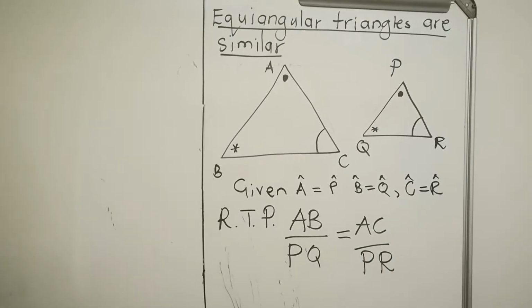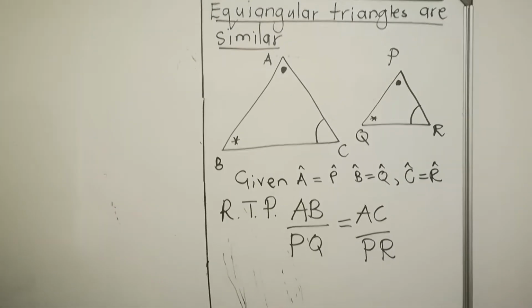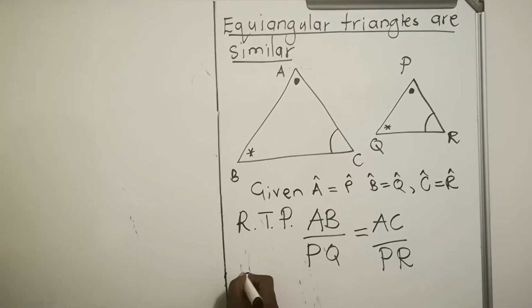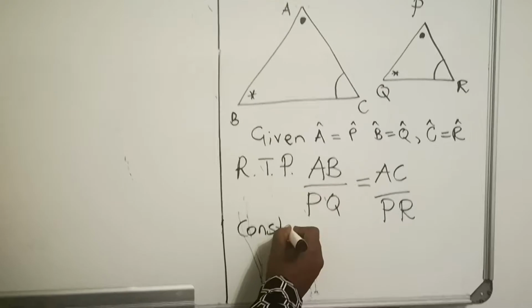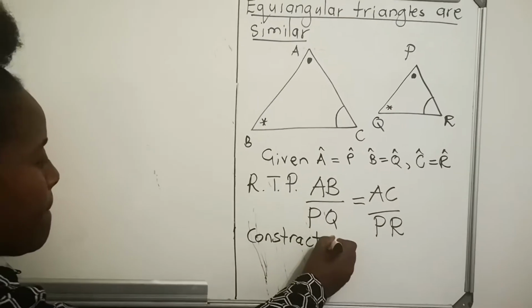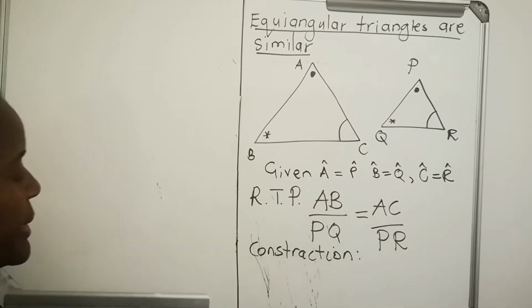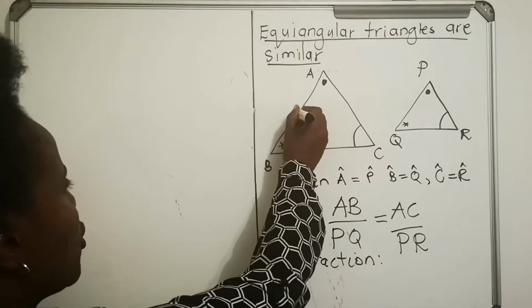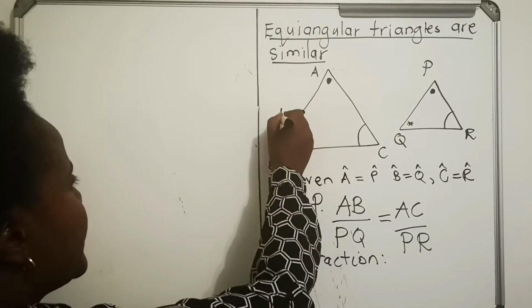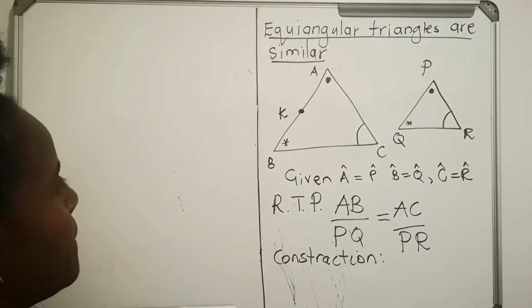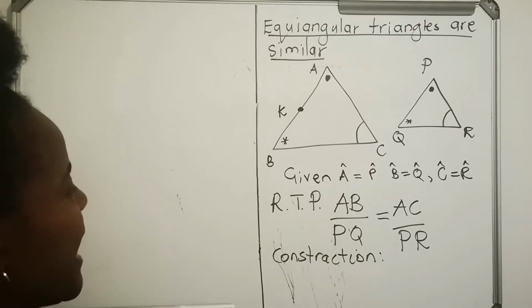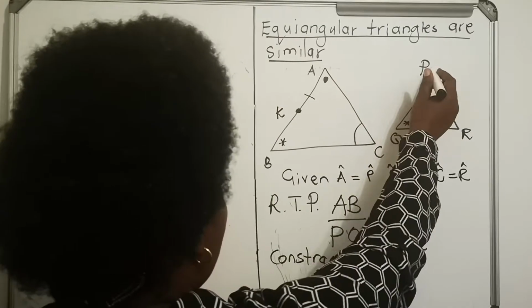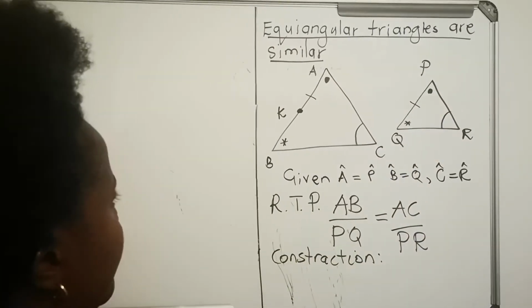So grade 12, you remember that when you don't have construction, you don't have marks. When you have a wrong construction, you don't have marks. So you're going to write our construction. In this theorem, you're going to construct on line AB a point K, in such a way that AK is equal to PQ in the other triangle.